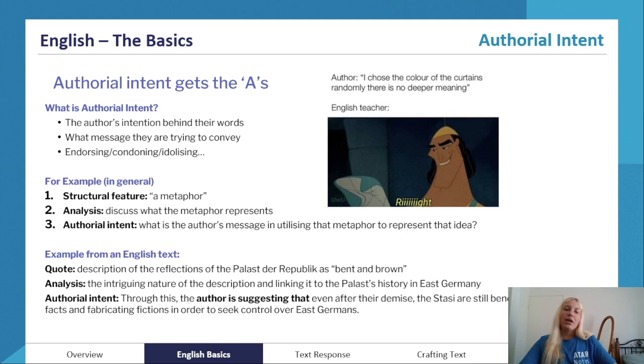Directly from that, you want to write an authorial intent message of what the author is trying to comment about this sociocultural context. Okay, so through this, the author is suggesting that even after their demise, the Stasi are still bending facts and fabricating fictions in order to seek control over East Germans. And there we go. That's an authorial intent commentary about the context of this text.